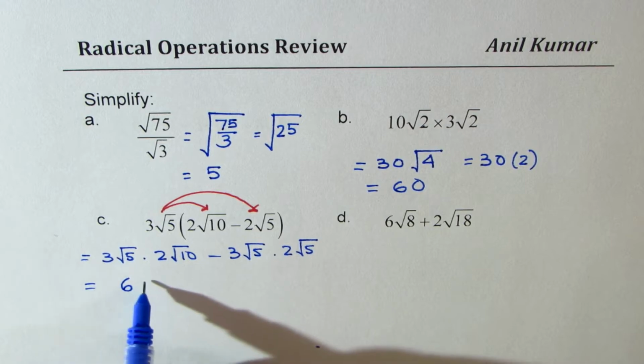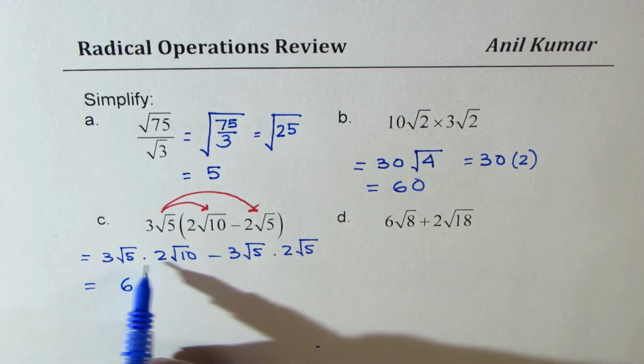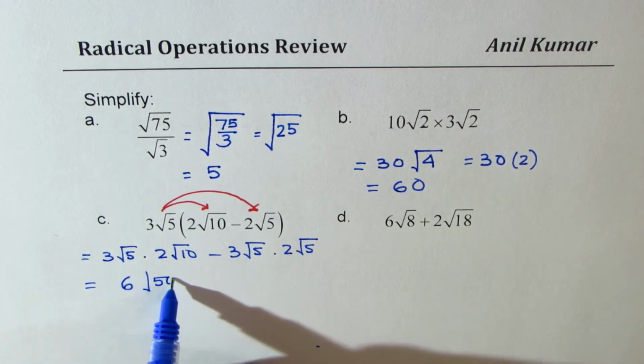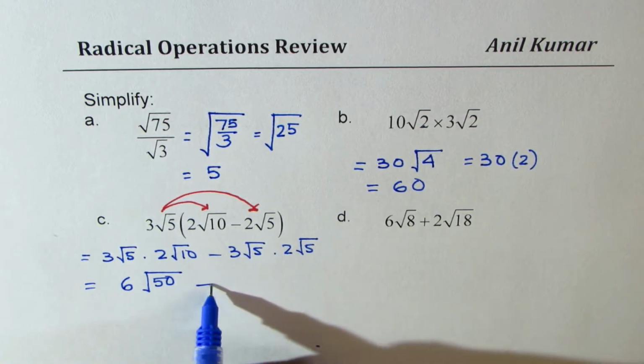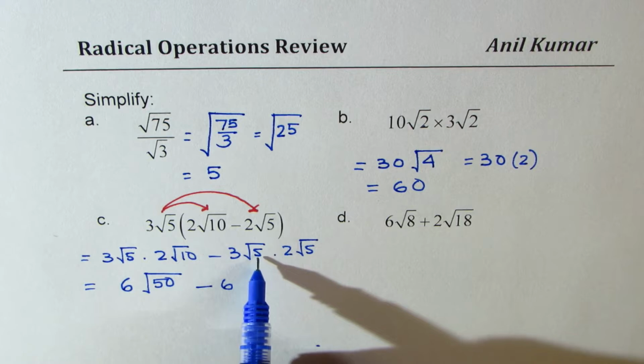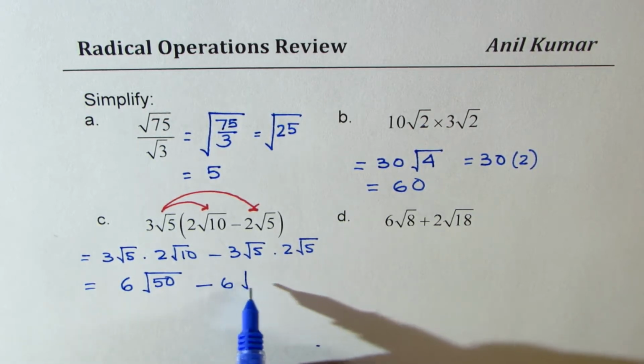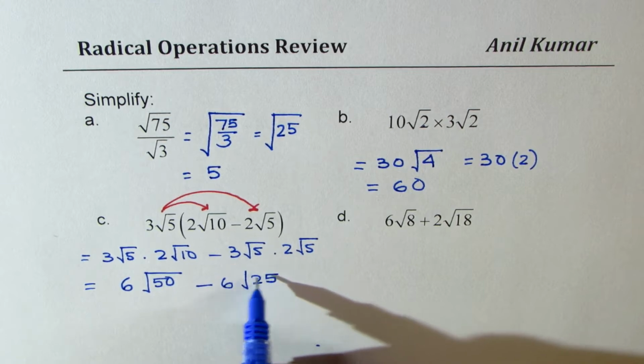So that could be written as 6 times square root, 5 times 10 as 50. Here we can write 3 times 2 as 6. Square root 5 times square root 5. You can directly write 5, or if you wish, you could write 25.